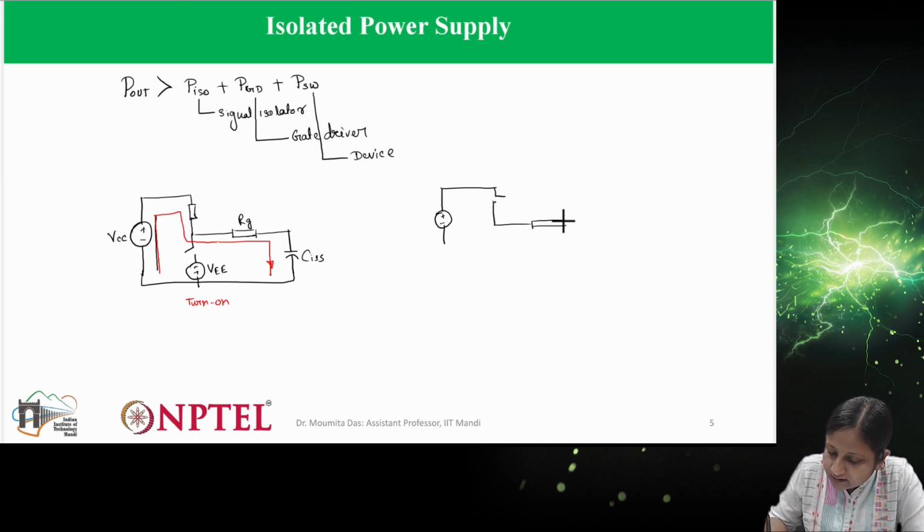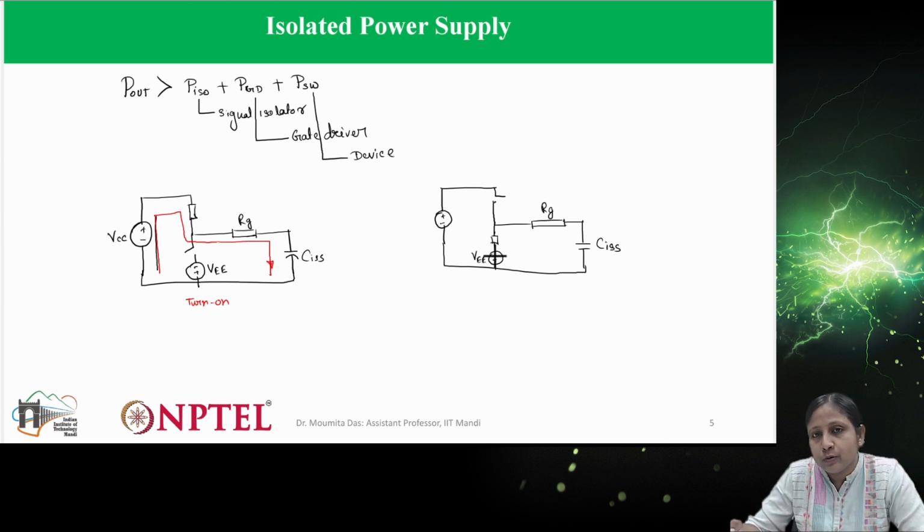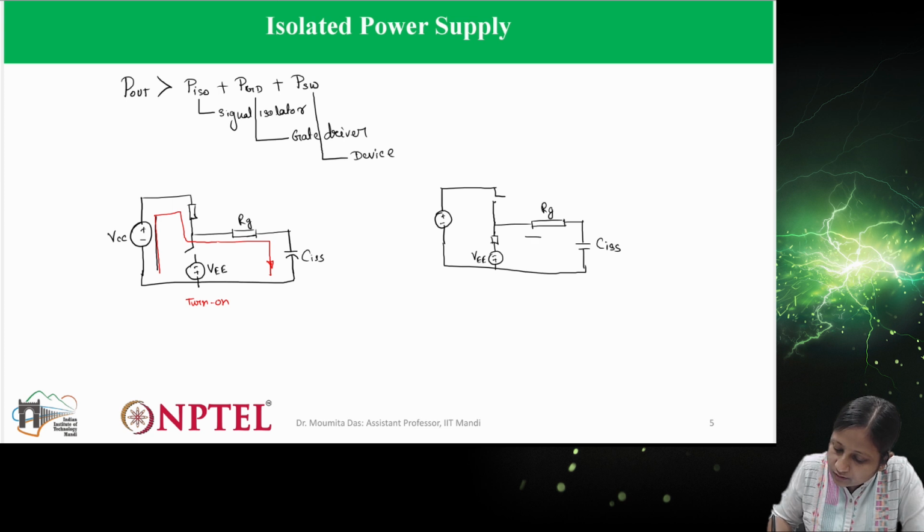So this discharge should happen through the gate resistance and CISS, and this will flow through the negative supply. If it is connected to ground, then it will flow through the ground. So this is the current flow direction during the turn off time.